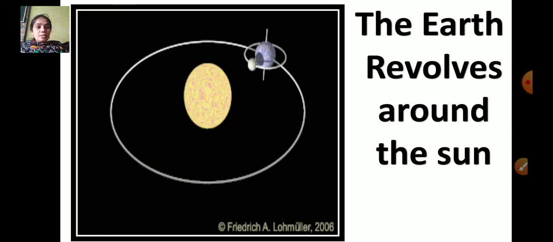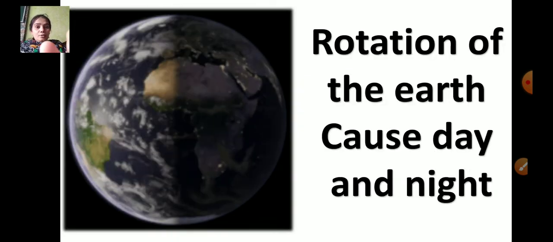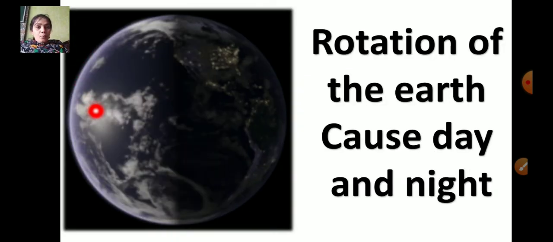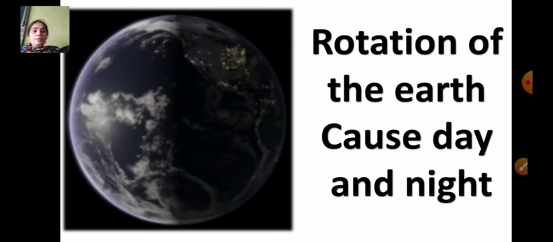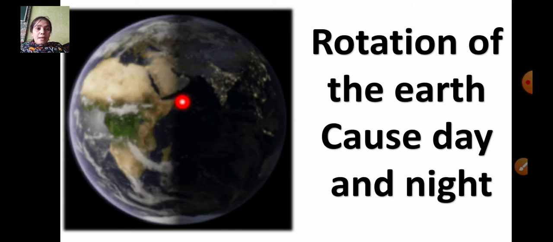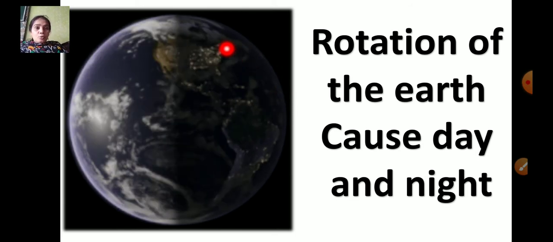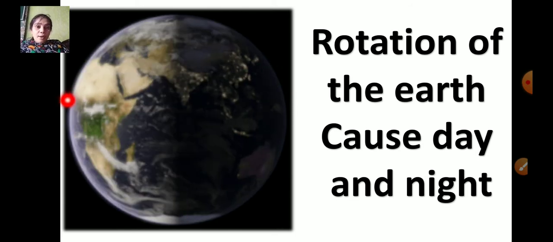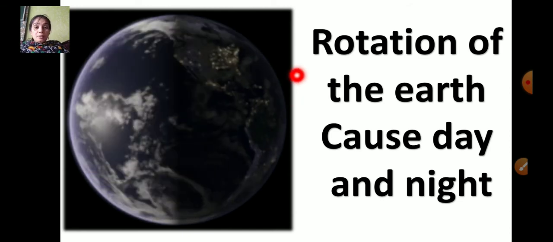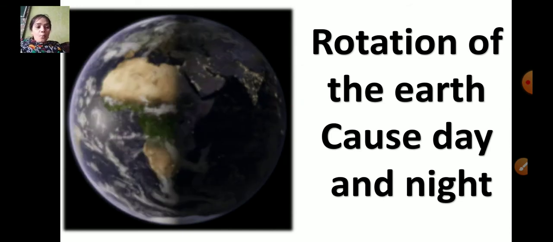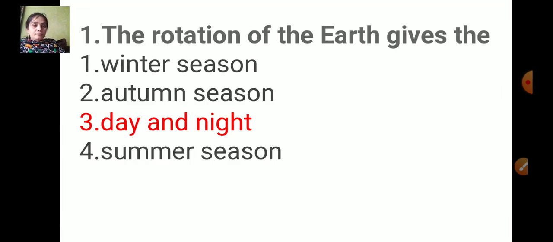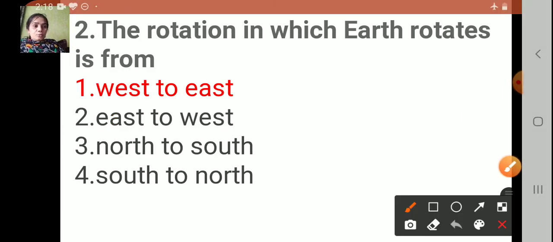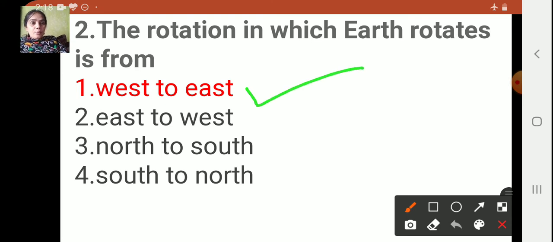So here you can see, from west it is rotating like this. This is the west and this is the east. The earth always rotates from west to east. So the answer is west to east.